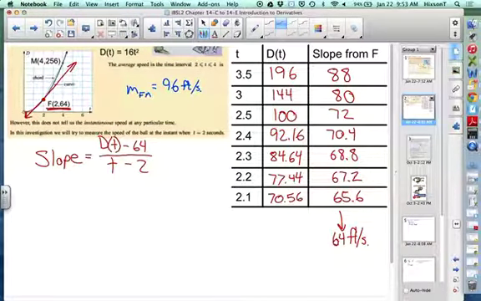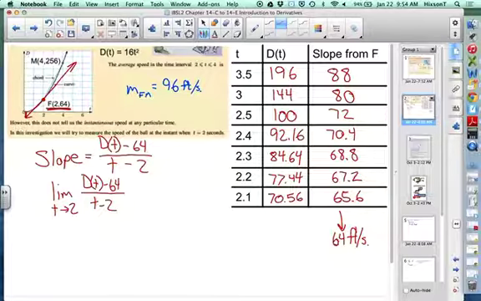Mathematically, what are we doing here? We're making t get closer and closer to 2. So what are we finding? A limit. We're actually finding the limit as t approaches 2 of the slope.